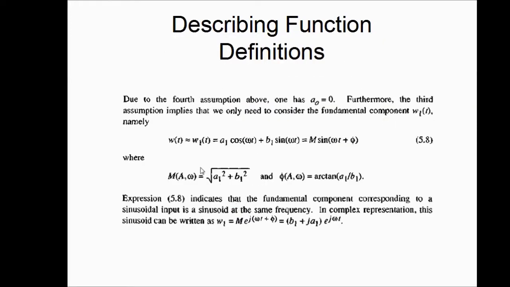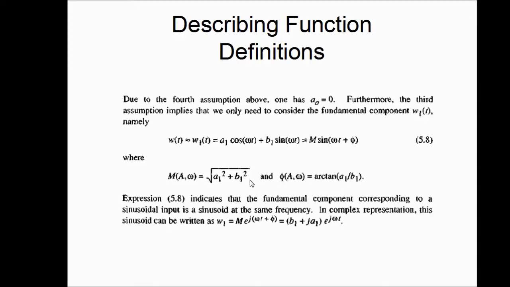With those assumptions applied, w(t), which is approximately w1(t), is this quantity here, which may be expressed in the magnitude-phase form. It takes this shape: M sin(omega t plus phi), where M and phi may be computed from A1 and B1, and they work out to be these two quantities: square root of A1 squared plus B1 squared, and phi(A, omega) is arctan of A1 by B1.